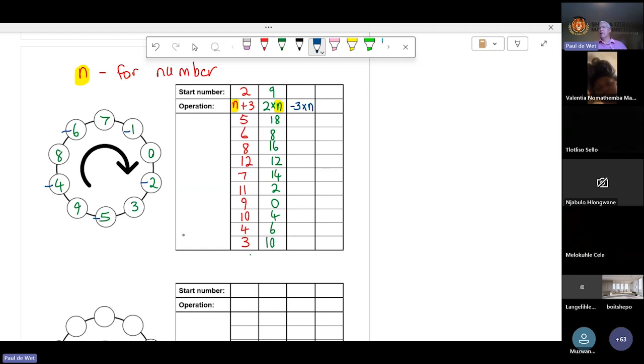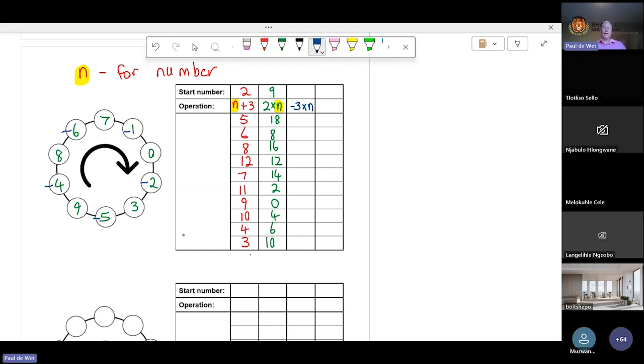Now, the reason we need to practice this is because one of the topics that we did in grade 8 in term 1 was integers, all right? And let's quickly remind ourselves. Maybe someone can just unmute themselves and tell me what happens when we multiply a negative by a positive. Hello, sir. Can you hear me? Yes.